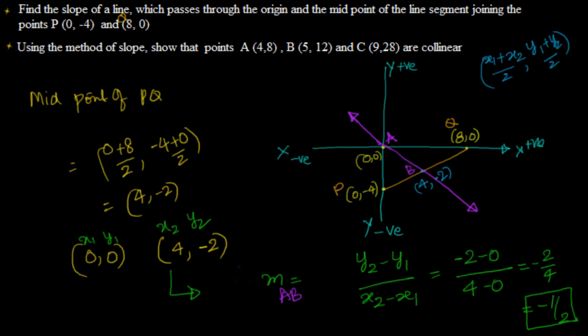How we got it? We have been told that this line is passing through origin, and also it is passing through midpoint of 2 given points. We found out the midpoint, then we know 2 points. We can find out the slope, because slope is delta y by delta x, change in y, vertical distance by change in horizontal distance. That's equal to -1 by 2. So let's move to the next one.